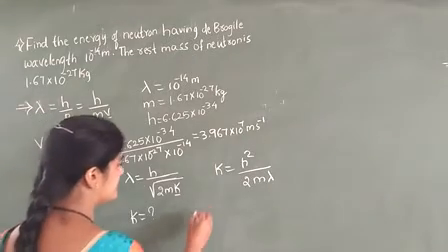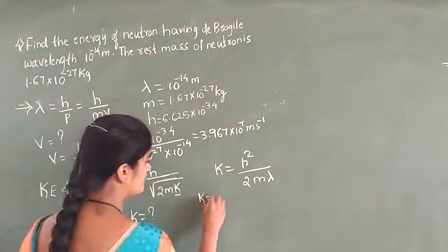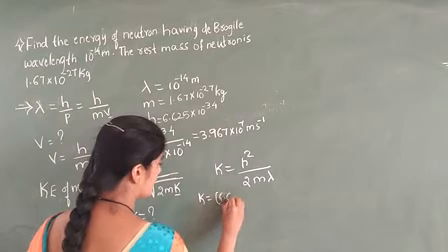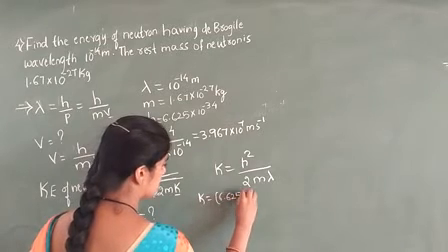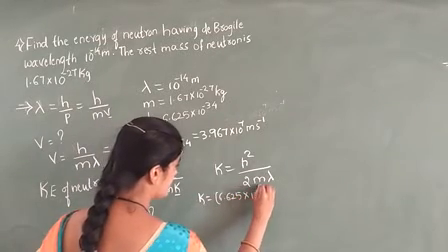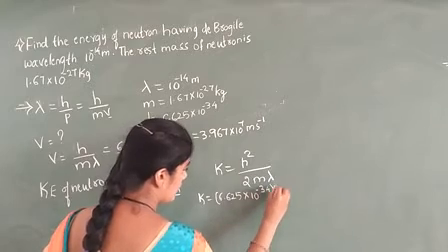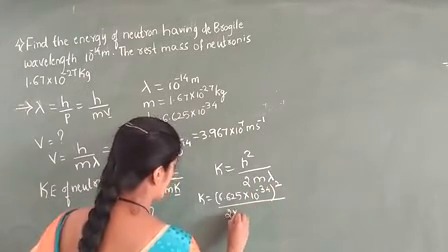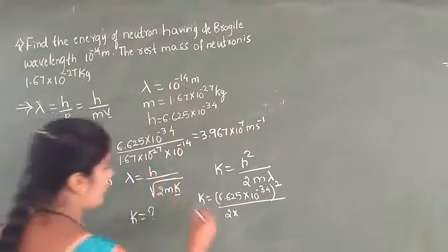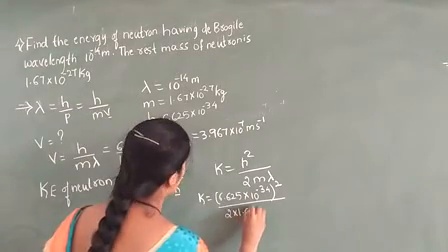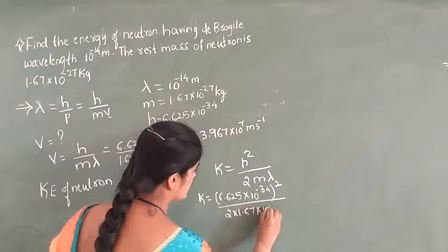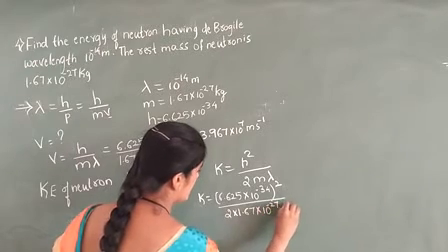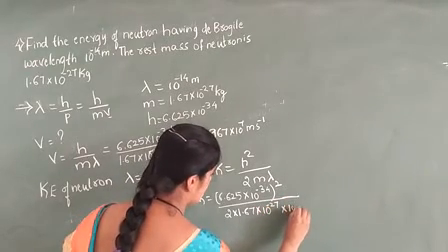We are getting k is equal to 6.625 into 10 raised to minus 34 whole raised to square divided by 2 into m. Mass is 1.67 into 10 raised to minus 27 into lambda 10 raised to minus 14.